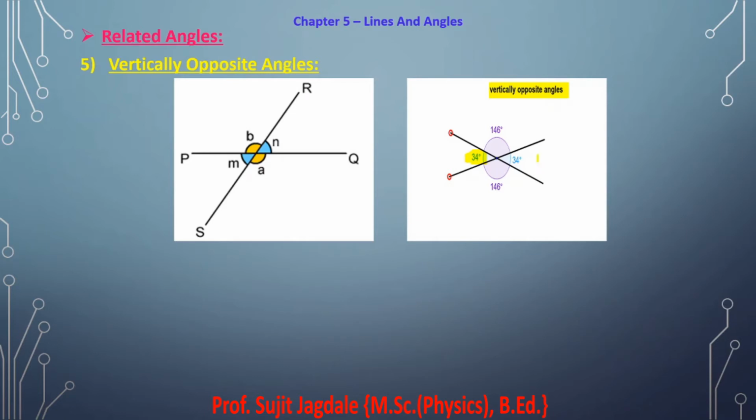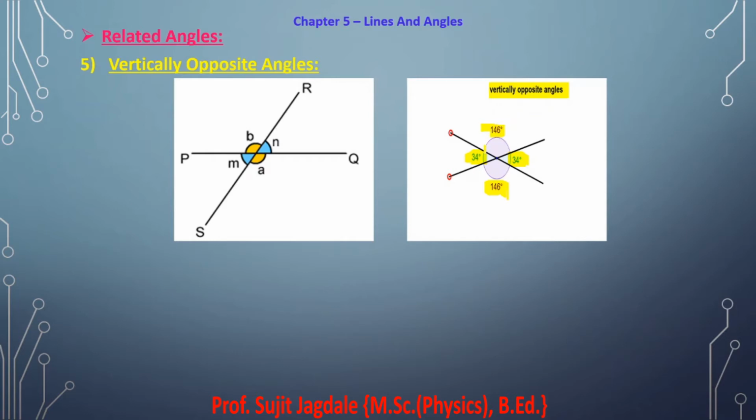So if we consider these left and right angles, they are vertically opposite angles and their measure is equal, which is 34 degrees. In the same way, the remaining 2 angles are vertically opposite angles and again have the same measure, which is 146 degrees. So we can say that vertically opposite angles are equal in measure. This is the conclusion.